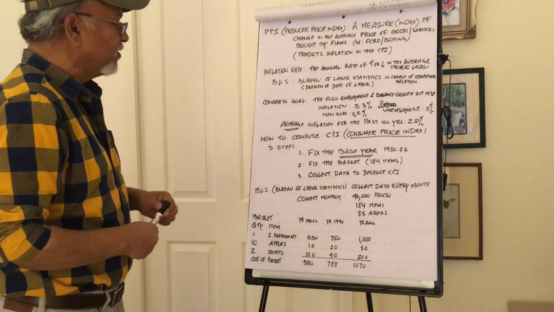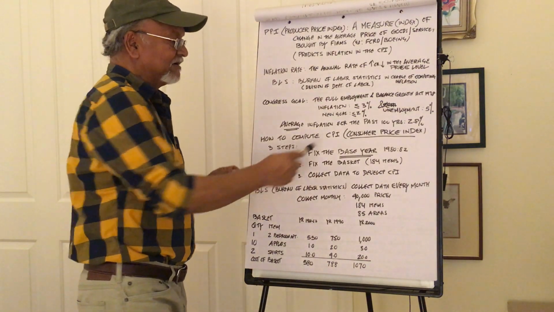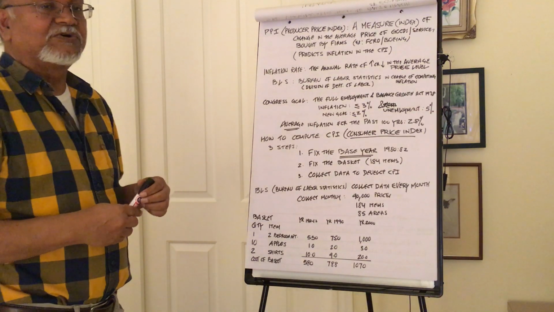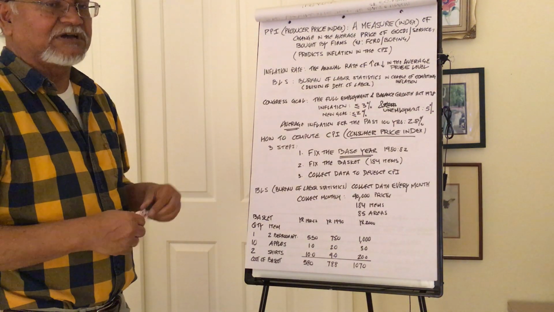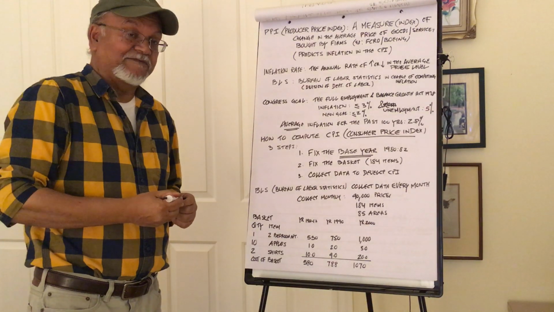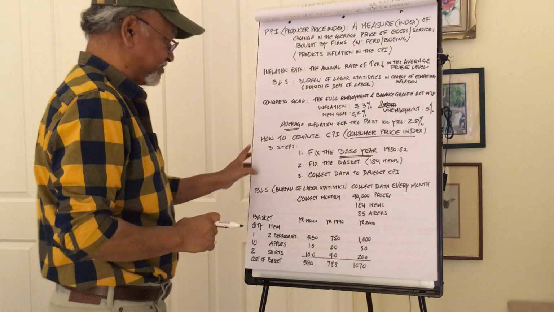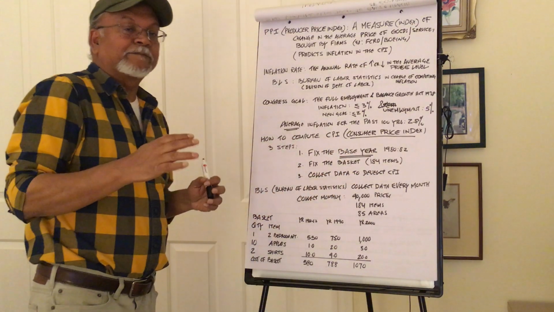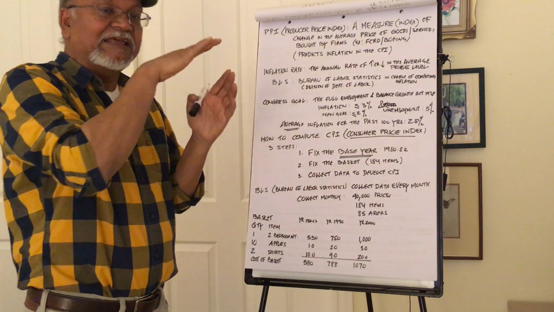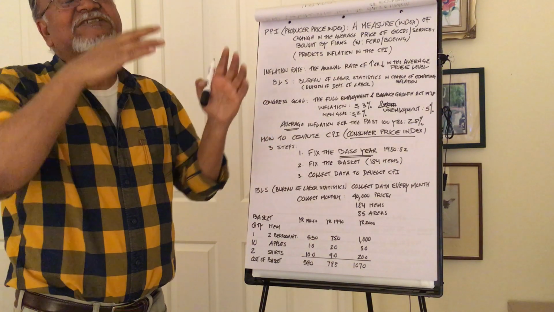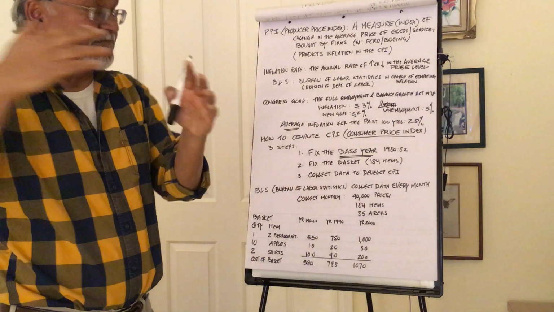Next topic is, how do we compute CPI, Consumer Price Index? Again, remember, the Bureau of Labor Statistics is in charge of computing the CPI. There are 3 steps, and they're very important, so pay attention. First is fix the base year. That means we fix a particular year that we use to compare what is happening to the price level going forward or going backward.